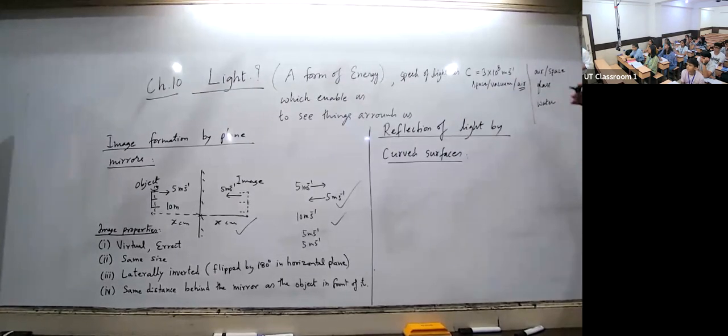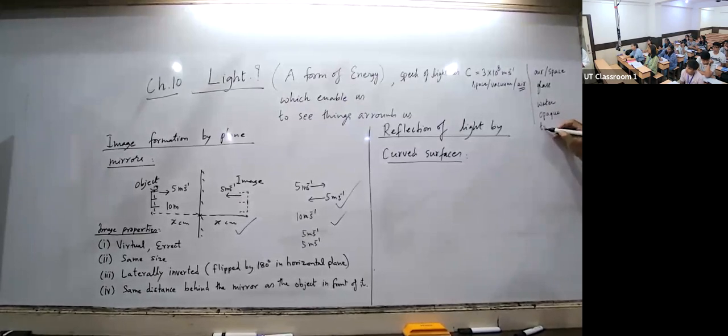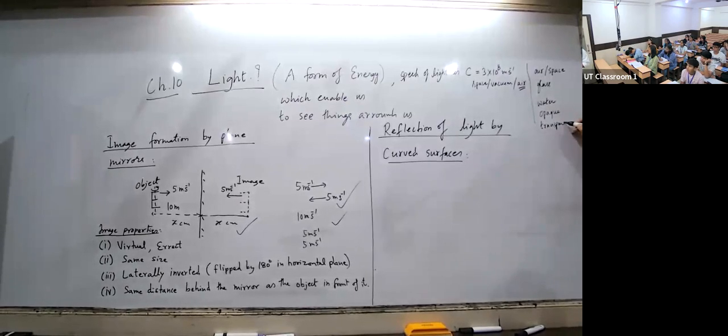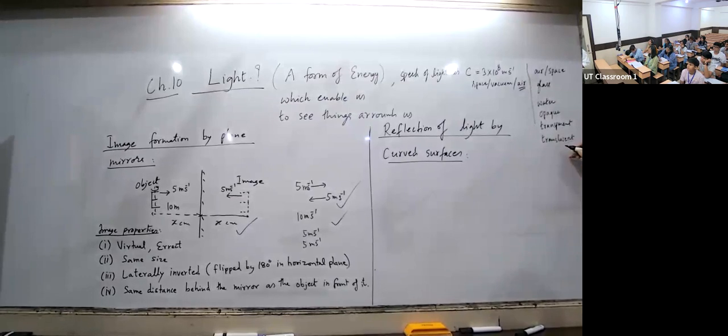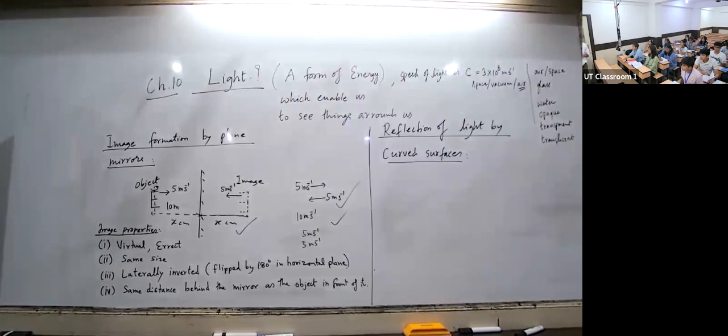Depending upon how the light can transmit through it, you have 3 different types of surfaces: opaque, transparent, and translucent. You know the difference?